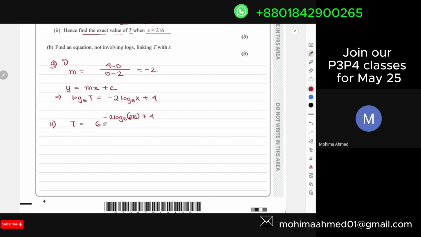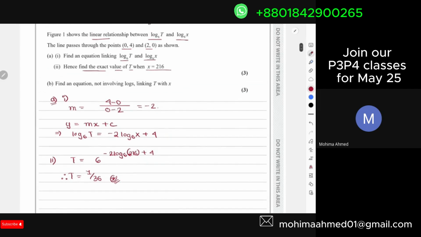Everything will be the power of 6, which eliminates the log, and we can easily put in the value. So you get 6 power minus 2 log 6 216 plus 4, and we get 1 over 36. That is your value. So you get the value for t as 1 by 36.